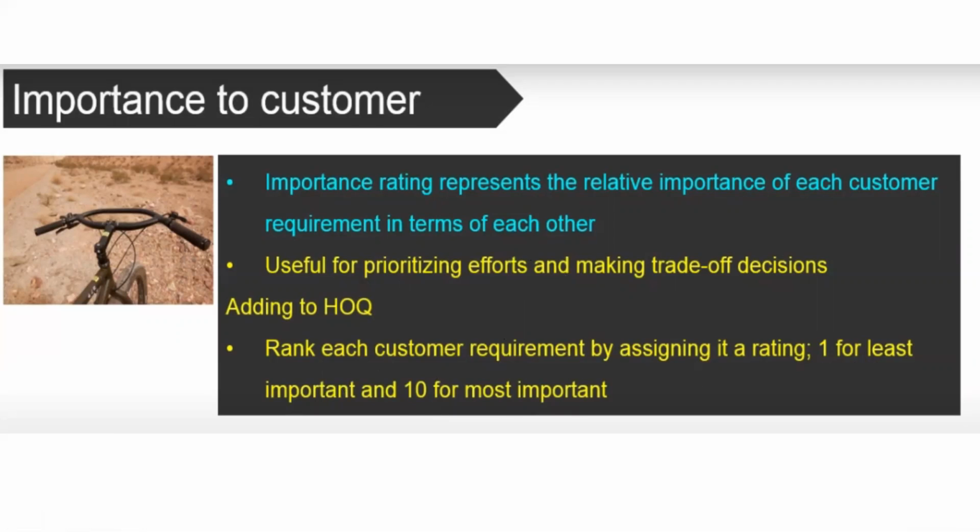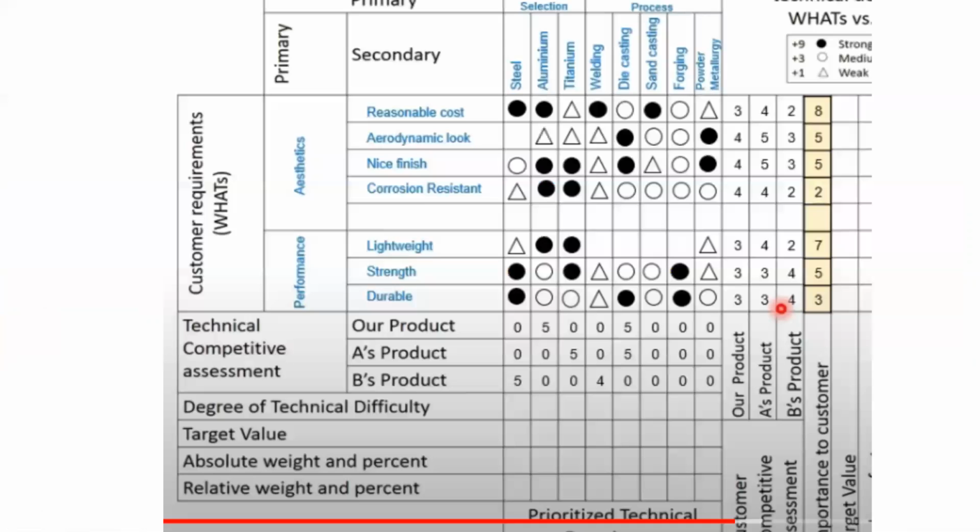This is important to the customer, put here. Number 8 is very important from the customer requirement. Number 7 is also important, less and less until number 2, which is less important. So far can be understood?